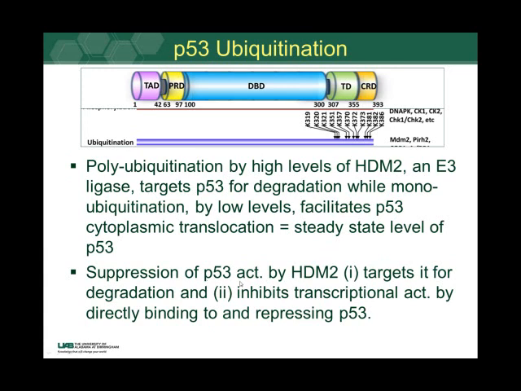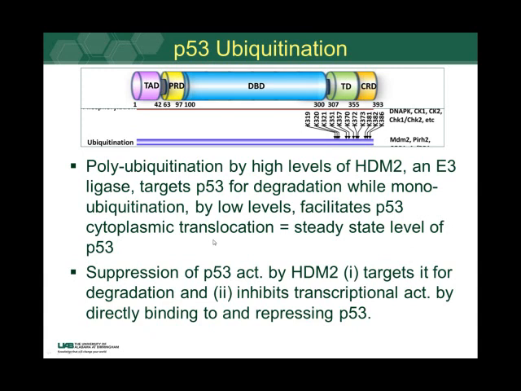So suppression of p53 activity by HDM2 serves two things. It targets it for degradation by the proteasome, and it inhibits transcriptional activity by directly binding to and repressing p53. So again, ubiquitination, either poly or mono, is used to control the activity of p53.